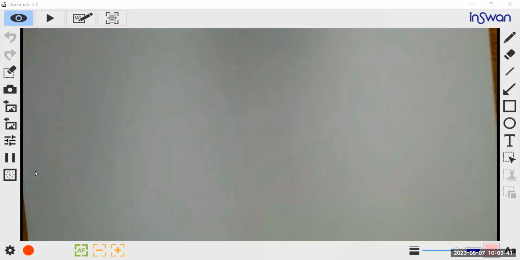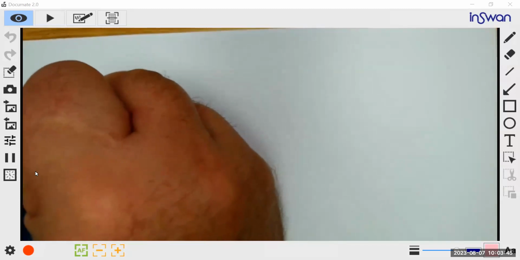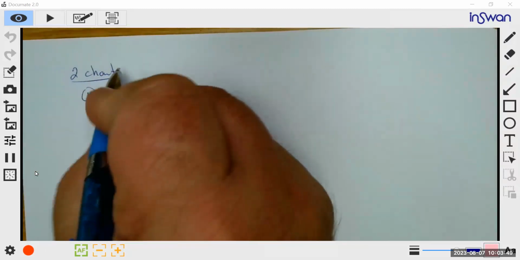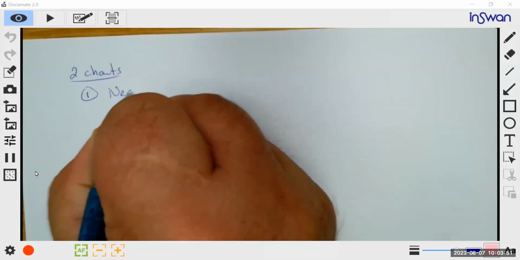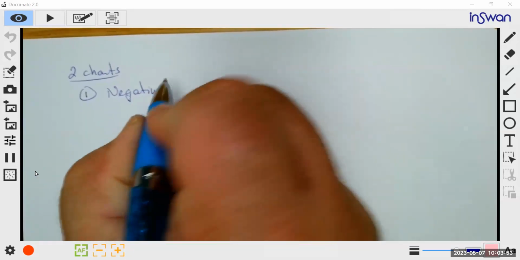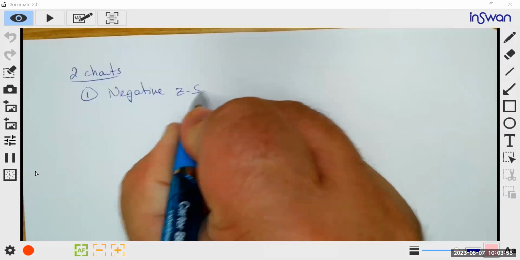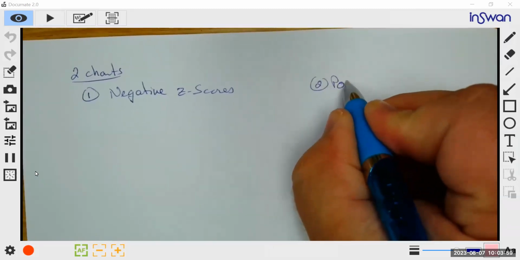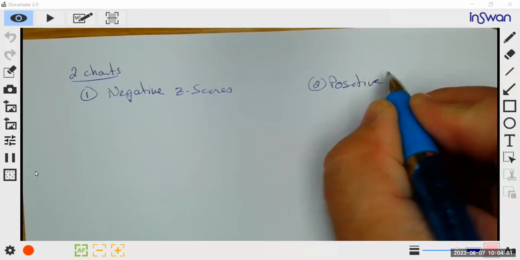We have 2 charts we're going to be looking at. One is for negative z-scores, and the other one is for positive z-scores.